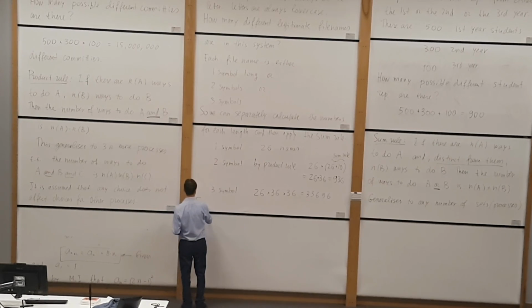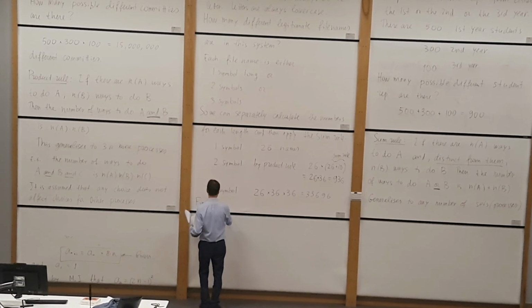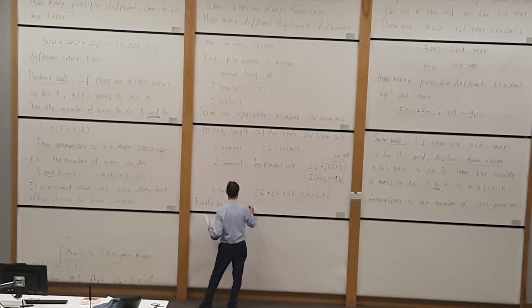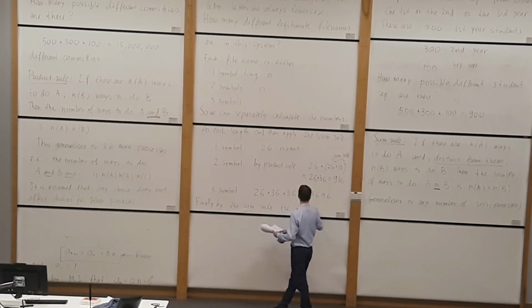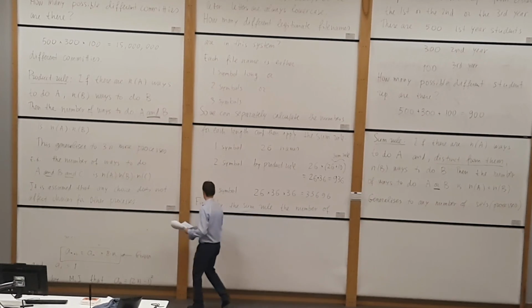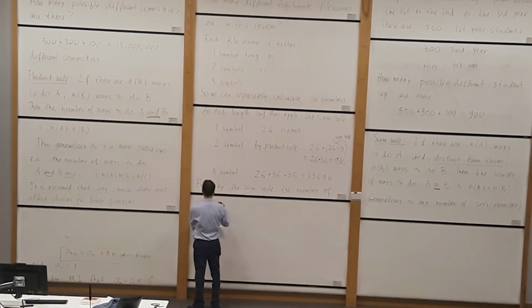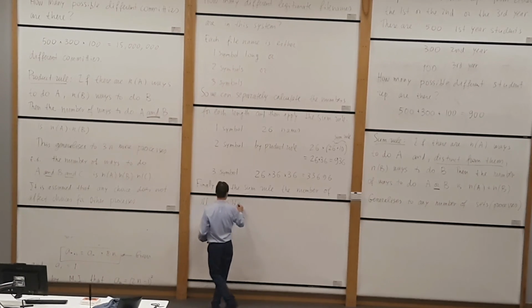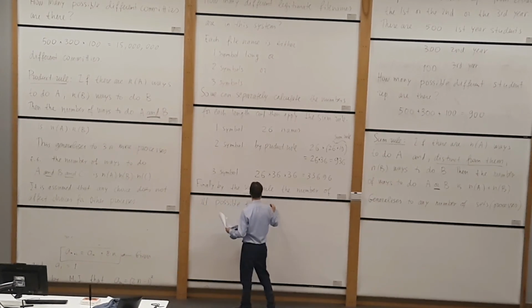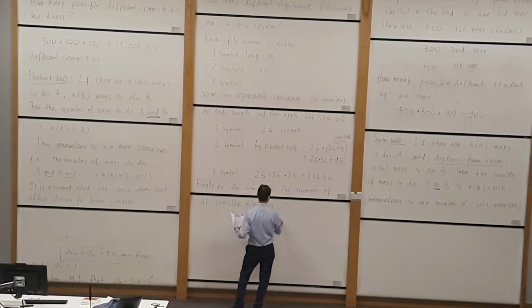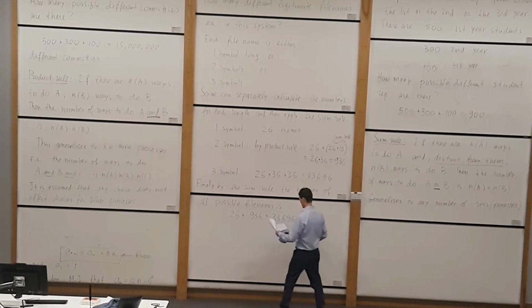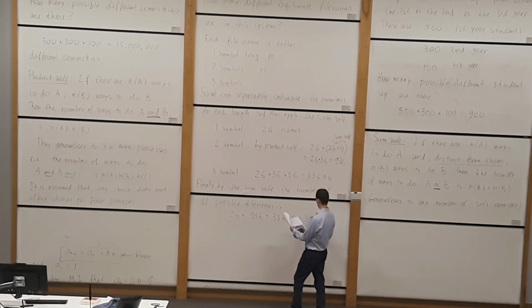The final step is to add up the numbers for each length. So finally, by the sum rule, the number of all possible file names is 26 plus 936 plus 33,696, which you can find to be 34,658.